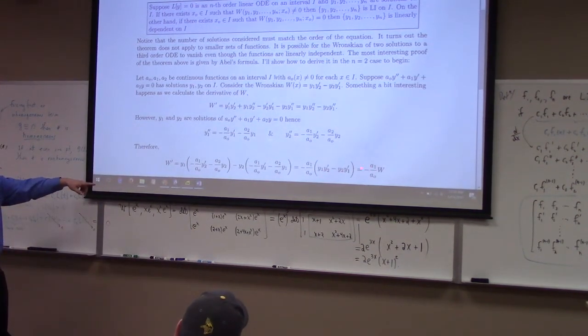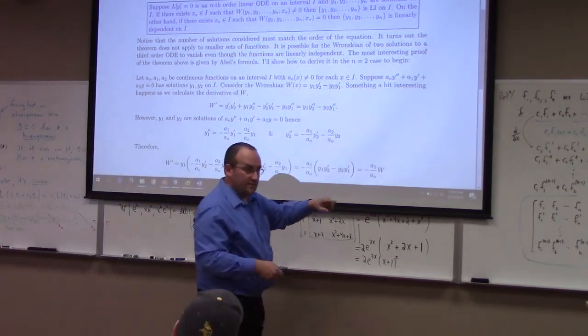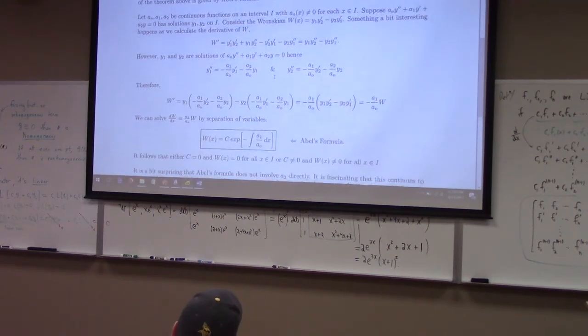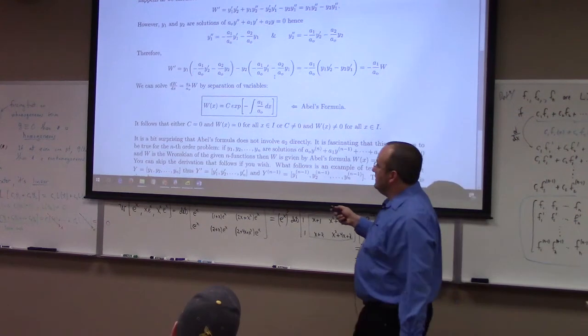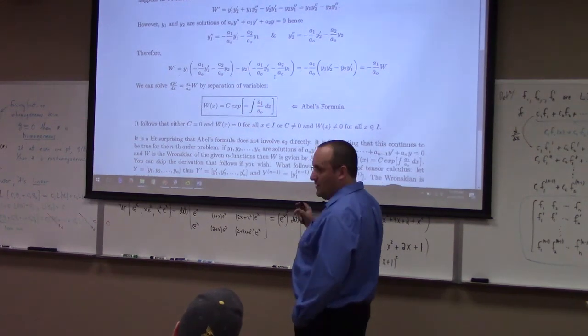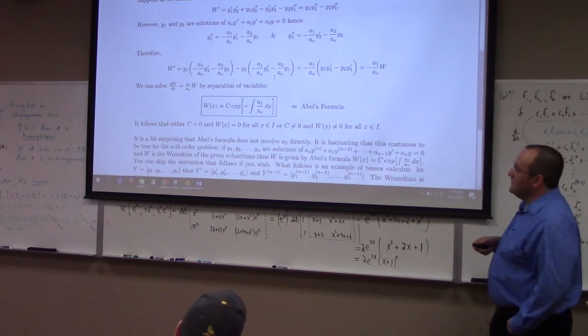But hey, we already know how to solve this kind of thing, right? We can separate variables and solve this thing. No problem. And so you do that, and that gives you Abel's formula. Abel's formula says that the Wronskian is some constant times the exponential of the integral of the ratio of the coefficient of y prime and the coefficient of the 0th term in the linear ODE.